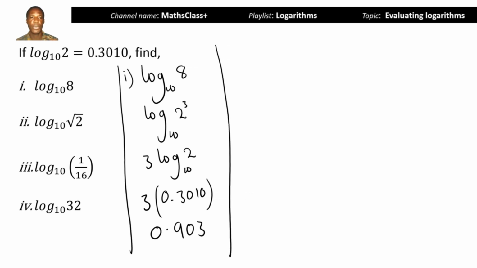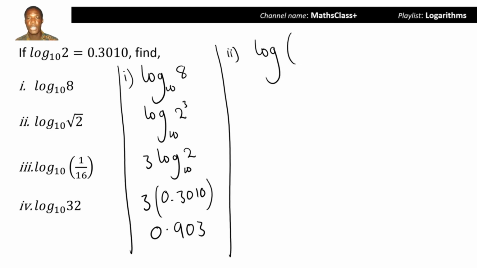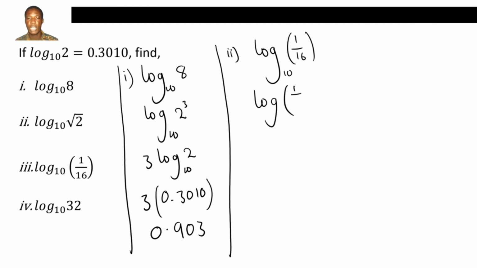The second example, we have log of a fraction with numerator 1 and denominator 16 to the base 10. And we will rewrite this as log of a fraction with numerator 1 and denominator 2 to the power 4 base 10.